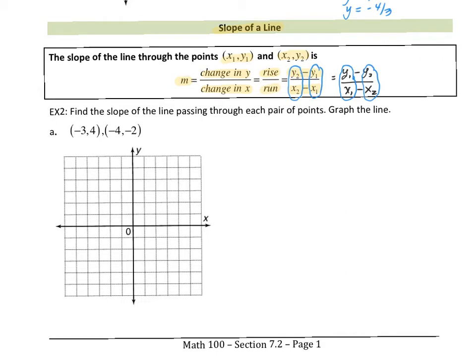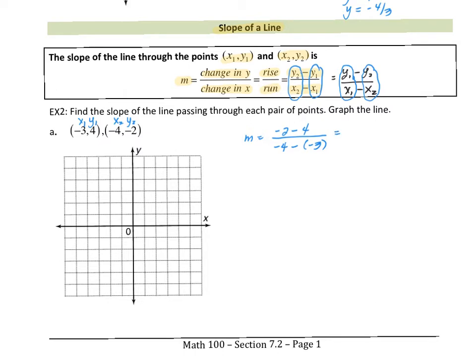But if I didn't have a graph, then to find the slope, what I could do is simply call the -3 my x sub 1, y sub 1, the -4, -2, x sub 2, y sub 2, and use my slope formula, which says it's y sub 2, or -2 minus y sub 1 is 4, over x sub 2 is -4 minus x sub 1 is a -3. So a lot of times people mess up on that double negative, minusing a negative.